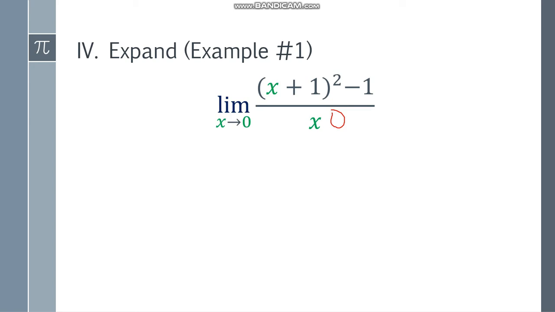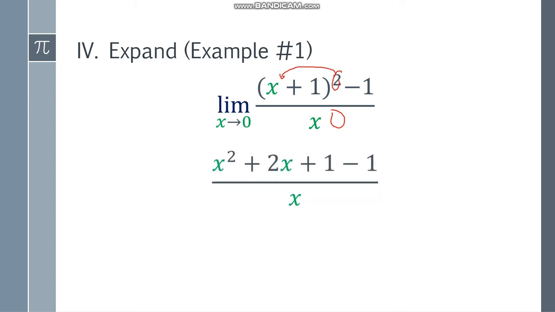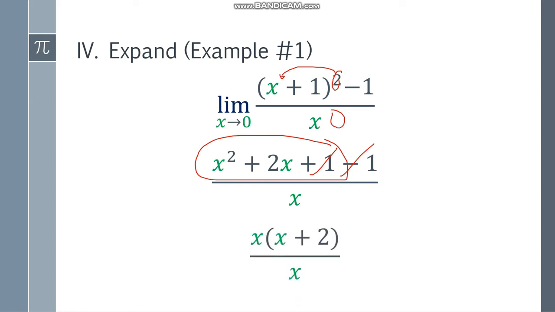So we could try to expand it. So we have a square here, right? We could do FOIL method for this one. So the quantity x plus 1, if you square it, this will be the answer. Now, we could simplify this one. 1 minus 1 will be 0, so that will be erased or cancelled. So we are left with x squared plus 2x over x.